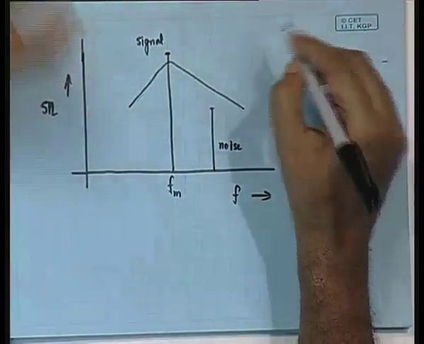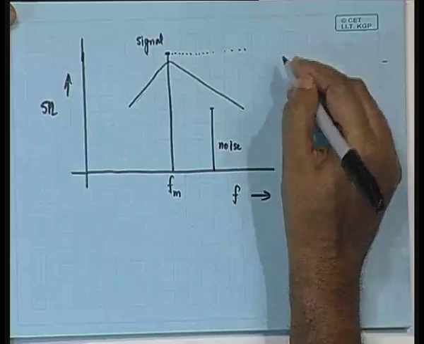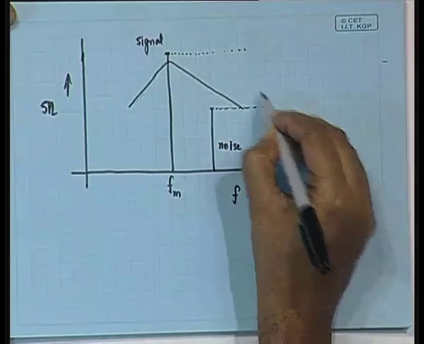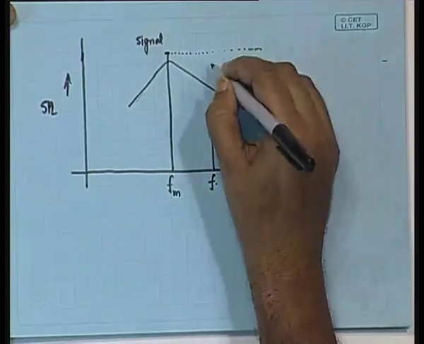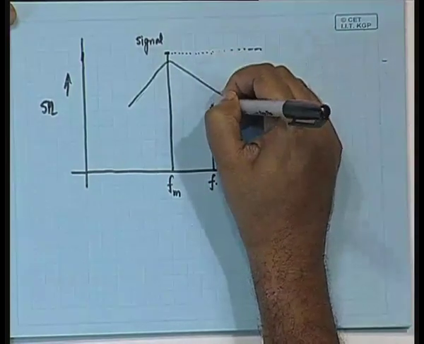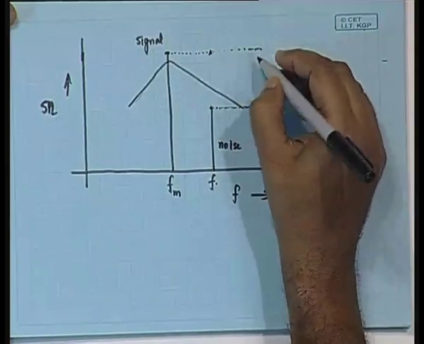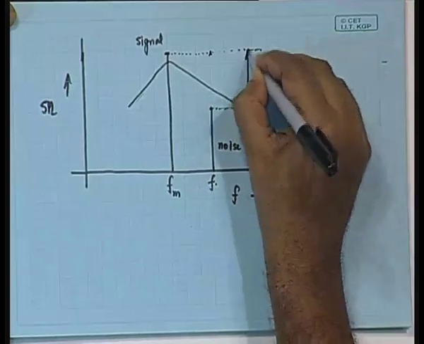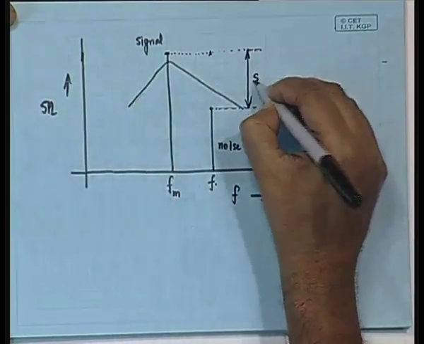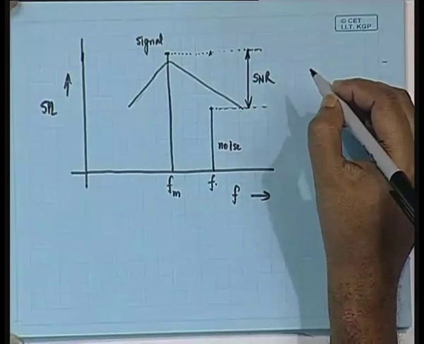Now, if we take the difference in the SPL between the signal and the noise at a frequency f, if you take the difference between this signal level and the noise level, one calls this difference, which will be expressed in dB, the signal to noise ratio or the SNR, right.